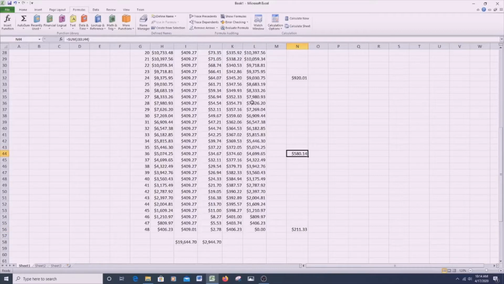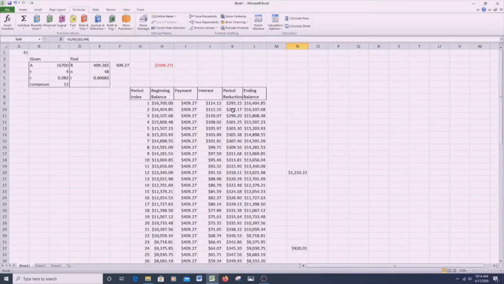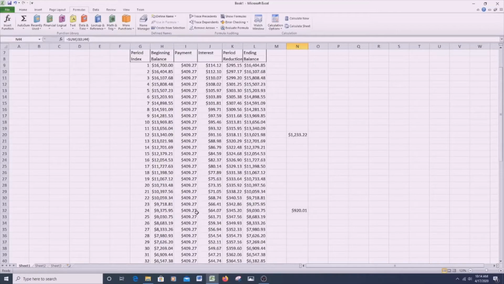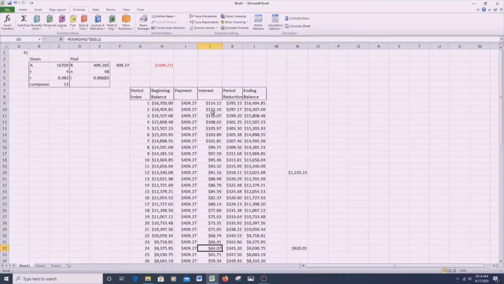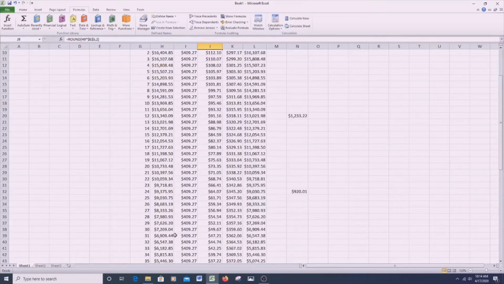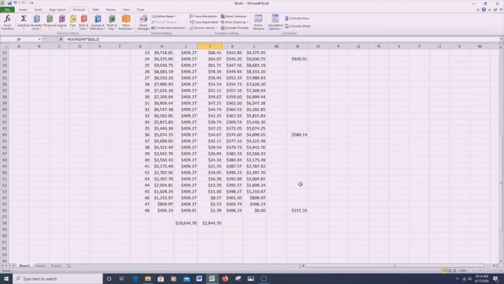That's because you're applying more of your payment to the principal reduction rather than interest after this year. So you're at $64 in interest, and here you're almost double initially on the interest. So, and that extra amount you're applying to the balance reduces the total interest you're paying.